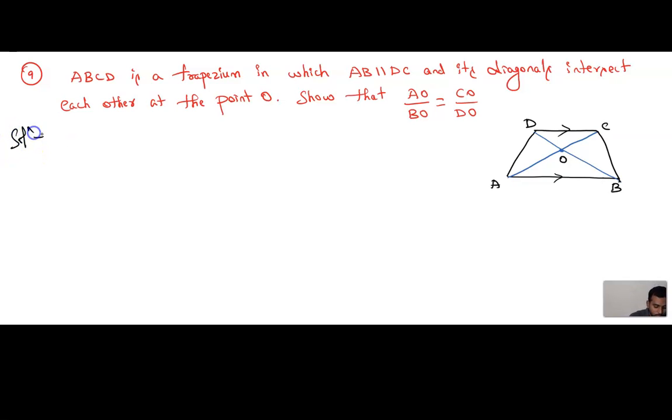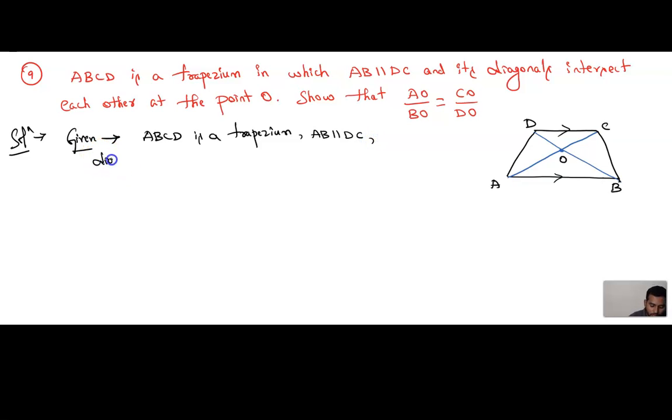Solution. First you write what you know. What is the given data? ABCD is a trapezium. AB is parallel to DC.